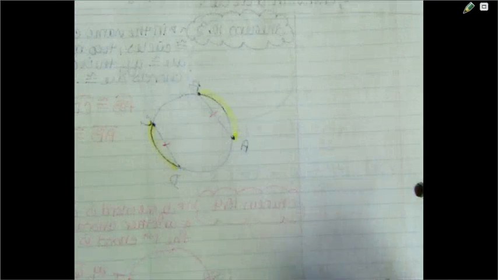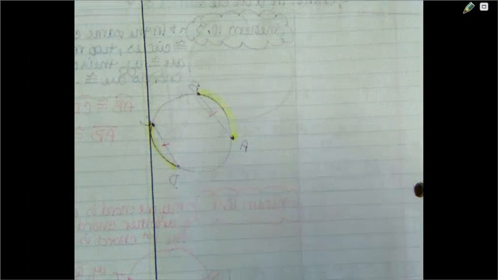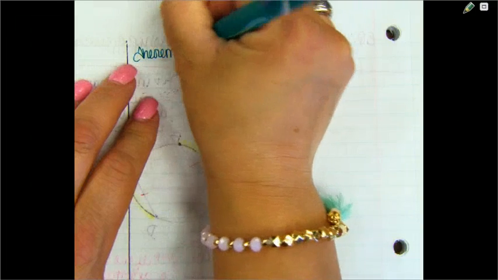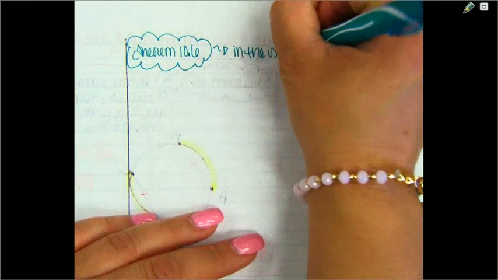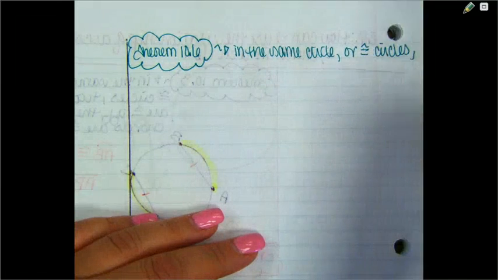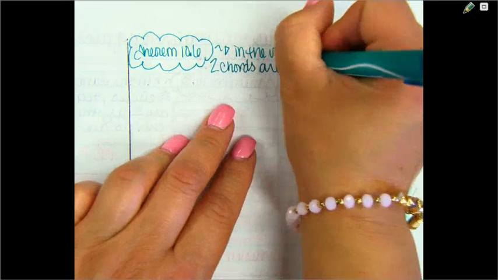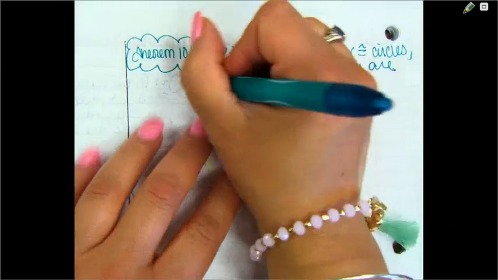Theorem 10.6. In the same circle or congruent circles, two chords are congruent if and only if they are equidistant.